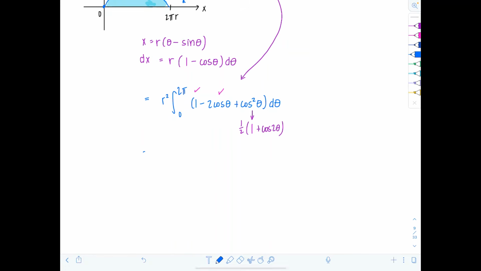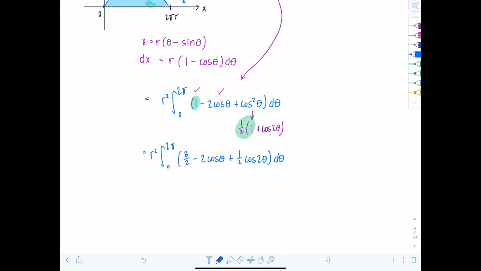So now let's move on. We've got r squared, integral from 0 to 2 pi. Now look at this. I've got 1 plus 1/2, so that's 3/2, minus 2 cosine theta plus 1/2 cosine 2 theta d theta.